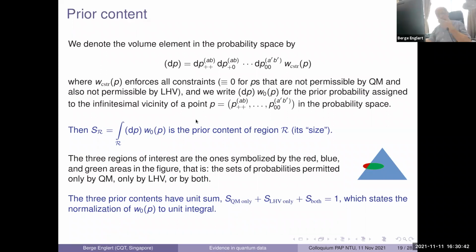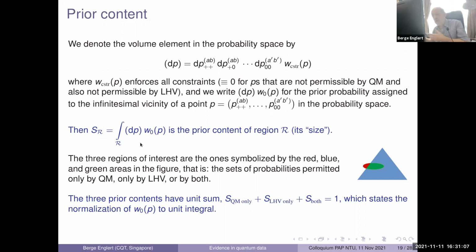Okay, and then if you take any region in the probability space and you integrate with this volume measure, you integrate your prior probability density, you get what we call the size of the region. So that's size in the sense that it measures the prior content of the region.